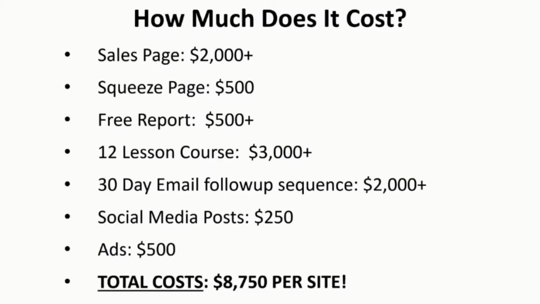If you were to go pay someone to do all of these things for you and get your site up, you'd spend $8,750 per site. And this is based on real world examples of people you can hire right now and people that I've indeed hired to build my courses.